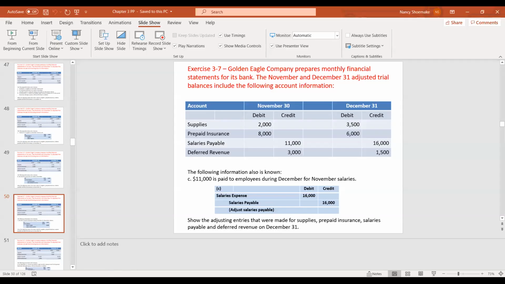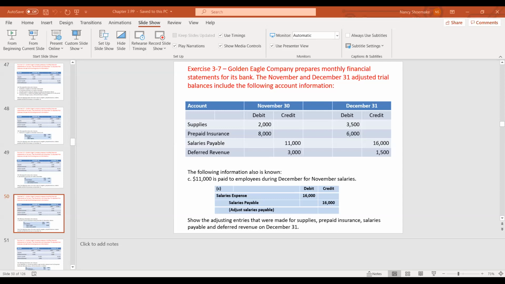So think about it. Just going to create this salaries payable. It started at 11,000 credit, and it ended with 16.